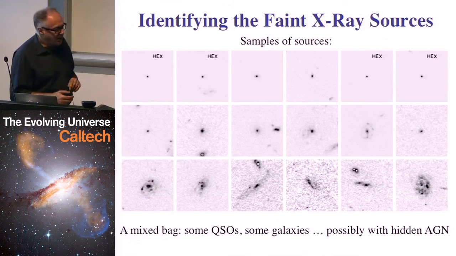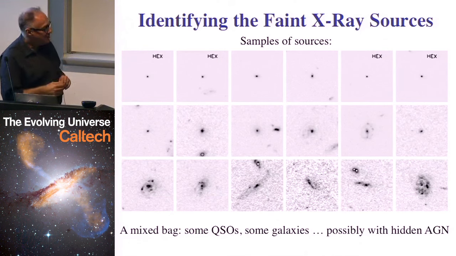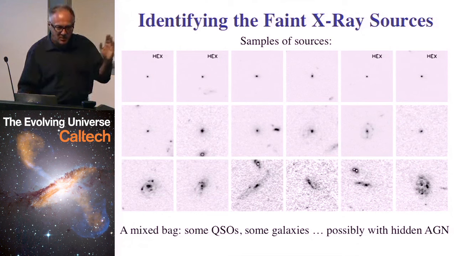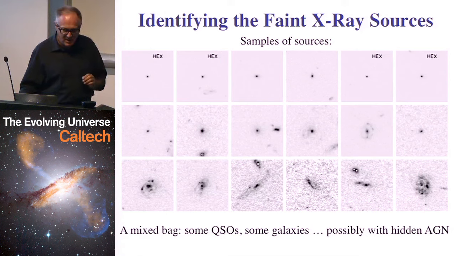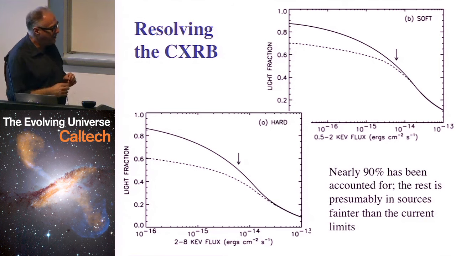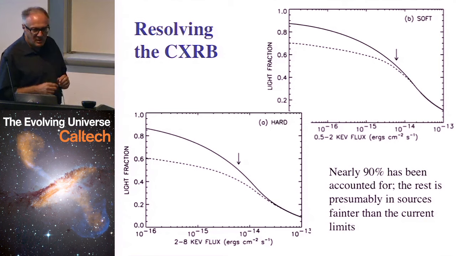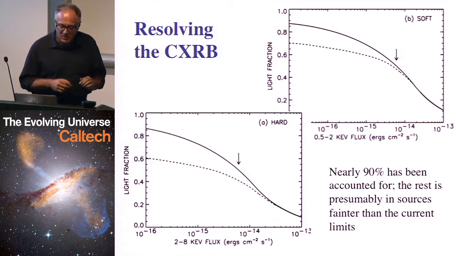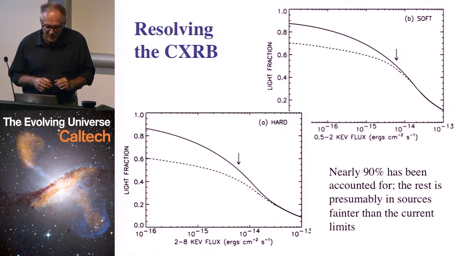Some are near enough that you can see a host galaxy. Some look star-like. Those are quasars far away. And when you add them all up and extrapolate a little bit to what you cannot see as individual sources, that can pretty much account for both the soft and hard X-ray background, at least like 90% of it. And it's easy to assume that the rest of it is due to sources that are too faint for us to detect. So the origin of the X-ray background seems to be reasonably well understood today.